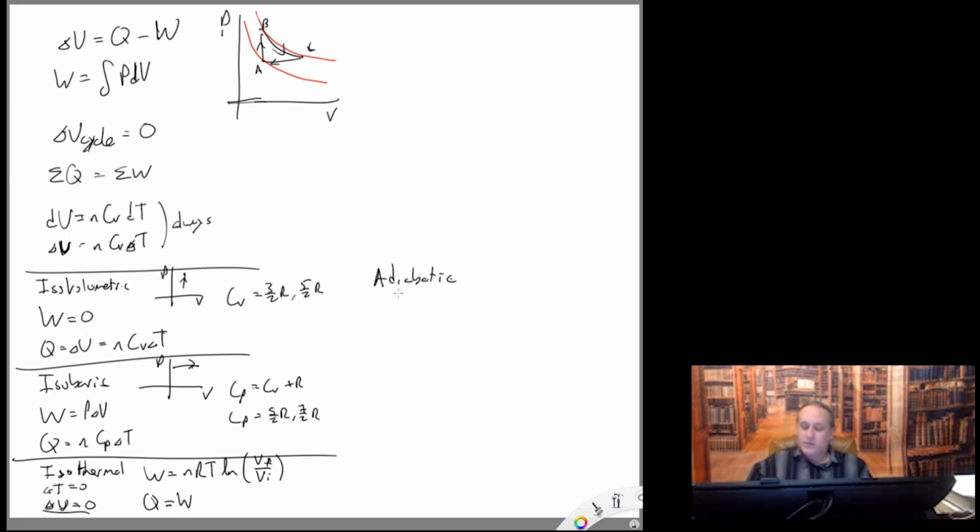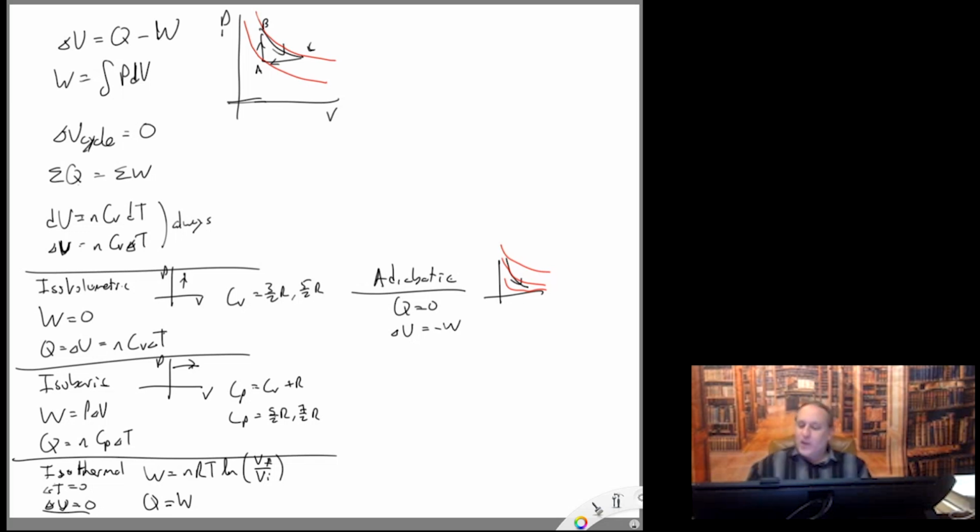For adiabatic, we know that Q equals 0, and so delta U equals minus the work. And the graph looks something like this, where isothermal curves are similar but not as steep.